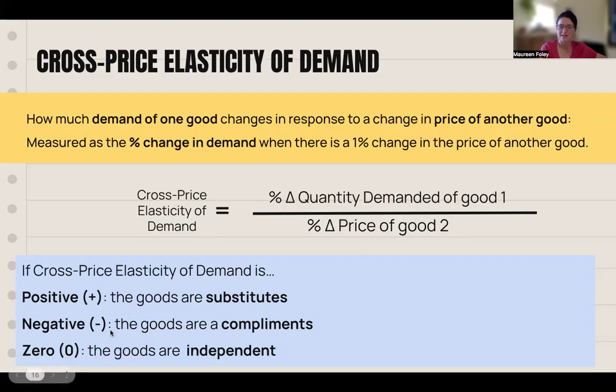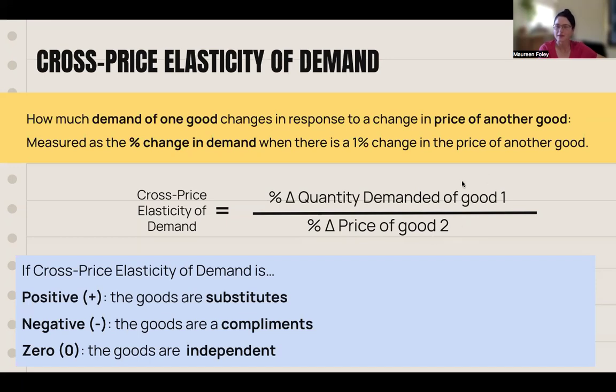If that number is negative, then the goods are complements. So as the price of good two goes up, people are buying less of good two, right?